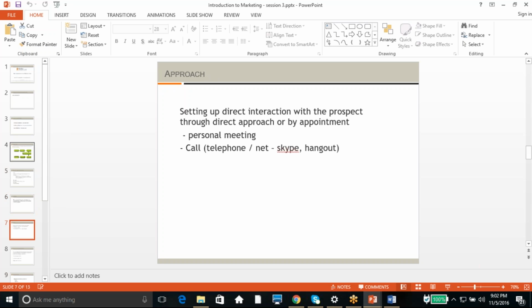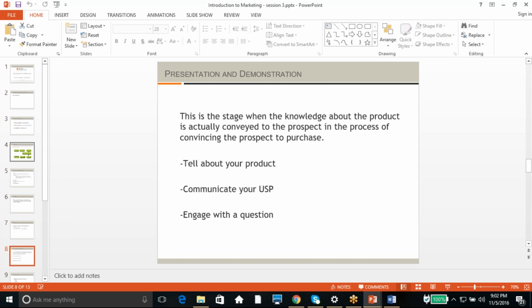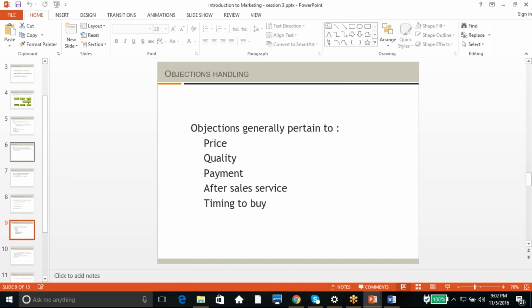Then you have the approach, which is actually meeting people, doing your presentation. Then you have your USP and other things. Objection handling is quite interesting.